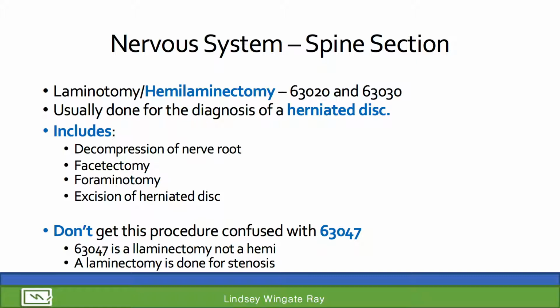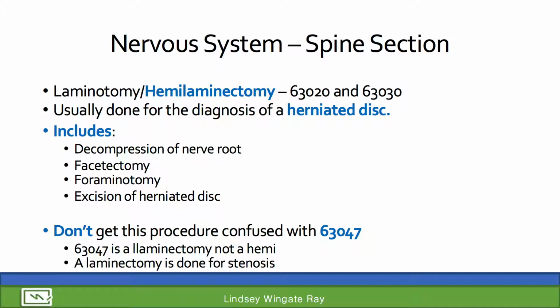Like I said before, the nervous system is also used to code spine procedures. Let's look at 63020 and 63030. These are laminotomy, hemilaminectomy procedures. Hemi means partial. This is usually done for the diagnosis of a herniated disc, and it includes decompression of nerve root, facetectomy, foraminotomy, and excision of the herniated disc.